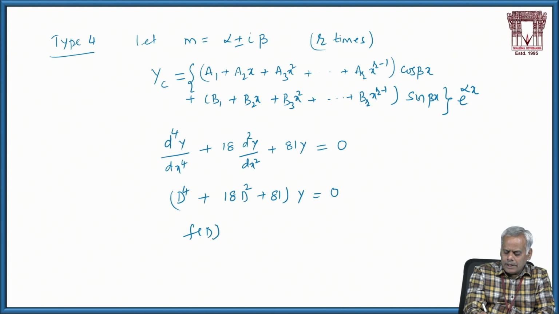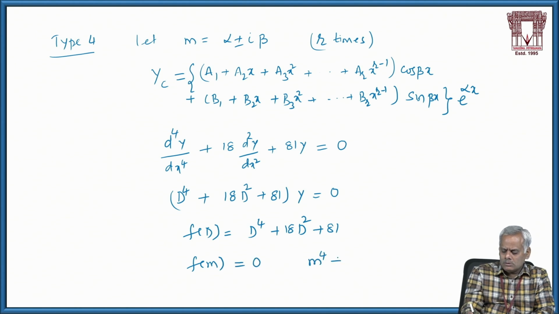Therefore, f(D) is D⁴ + 18D² + 81, and hence the auxiliary equation f(m) = 0 is m⁴ + 18m² + 81 = 0.